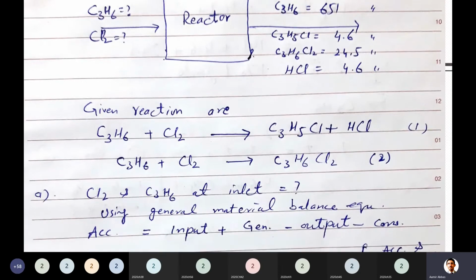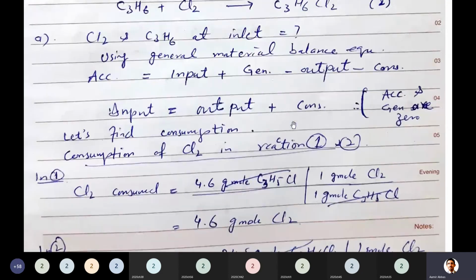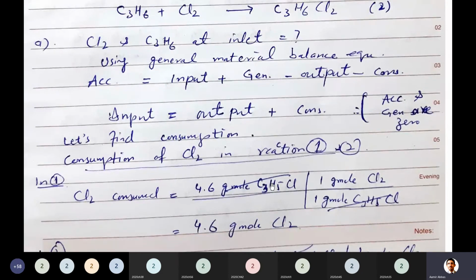From where are they produced? As a result of the first reaction. So from here we can use this information that when 4.6 moles of C3H5Cl are produced, we can link it with the stoichiometric ratio, and this we studied in the first lecture when we started this topic.